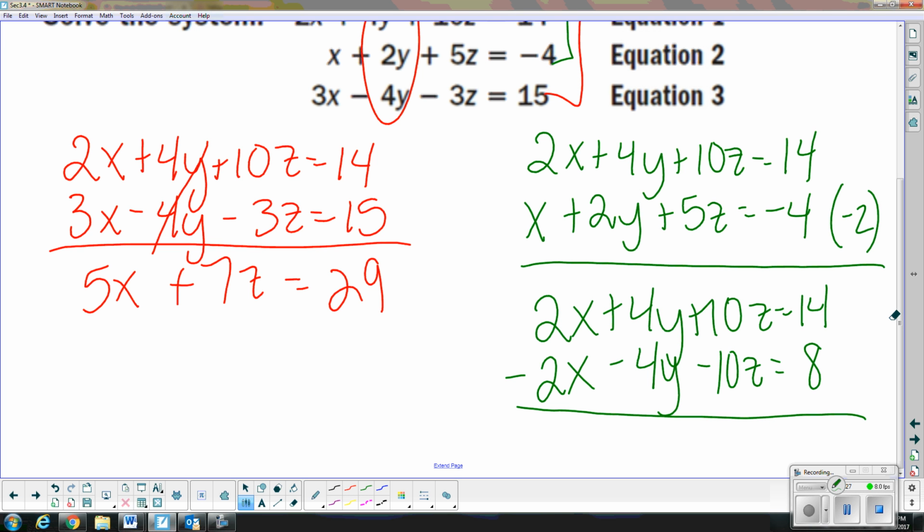Now they all eliminate, and we end up with 0 equals 22. That's not true. 0 will never equal 22.